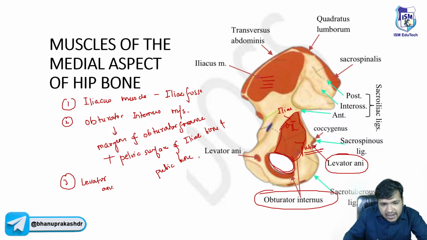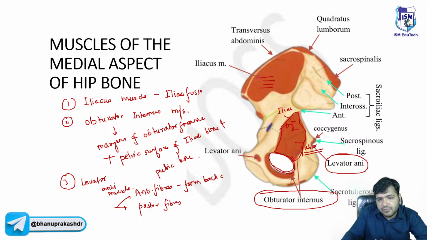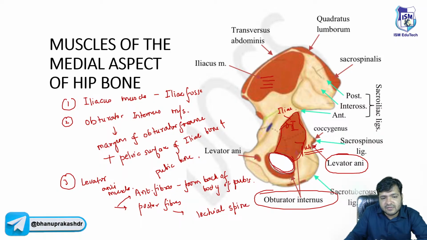Remember beta, levator ani muscle has two fibers, beta: anterior fibers and posterior fibers. Two fibers of the same muscle, one is coming from the front and one from the back. Anterior fibers are arising from the back of the body of pubis, and posterior fibers are arising from the ischial spine, the inner aspect of the ischial spine.